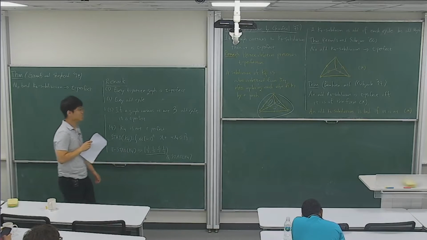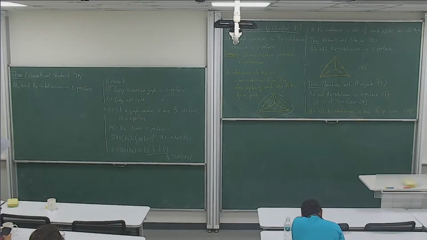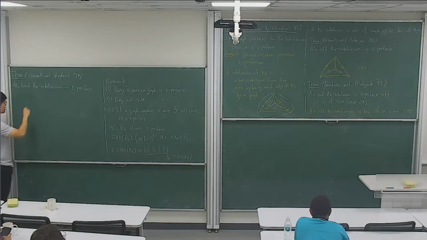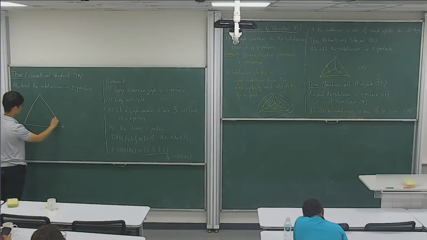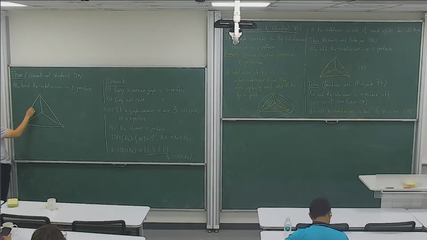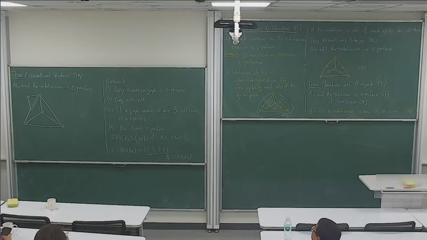Converse. Oh, yeah, there are some examples like, okay, one example is, okay. If you don't have this set, this is an odd K4 subdivision, and this is not T-perfect.